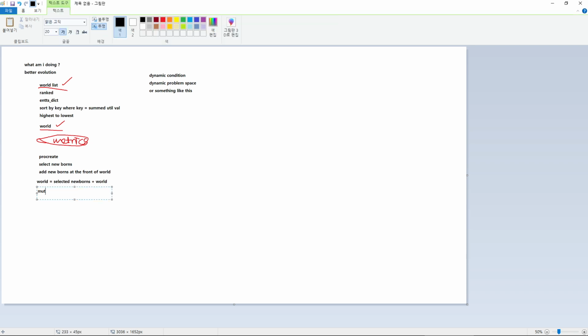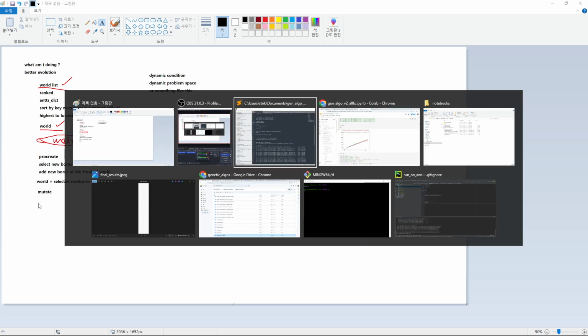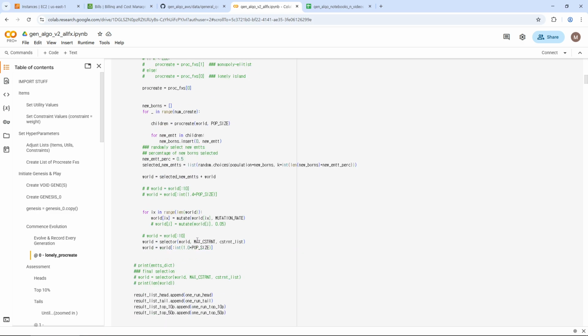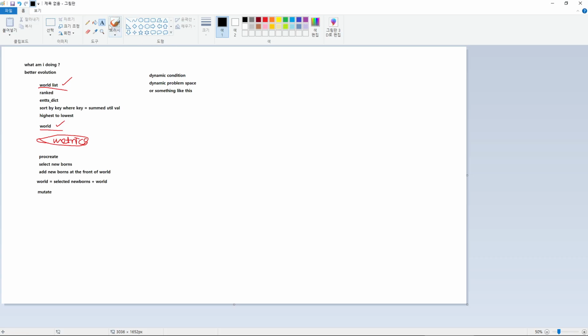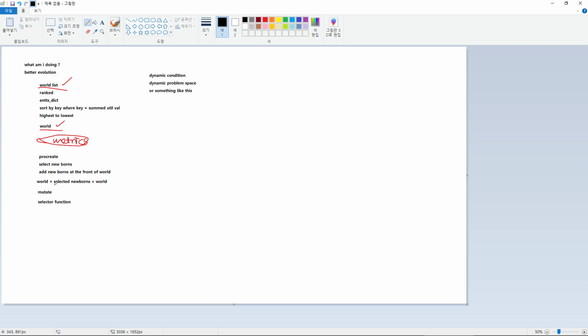And then every entity in the world has to go through mutation. Then every entity is subject to, which one's first? I always forget. Selector and then world. So subject to the selector function. By the way, this select and this select are different.